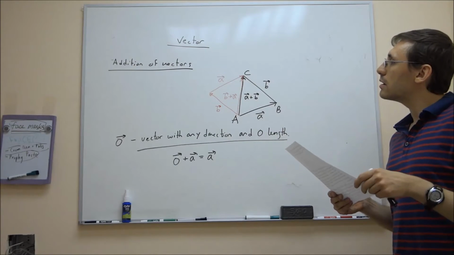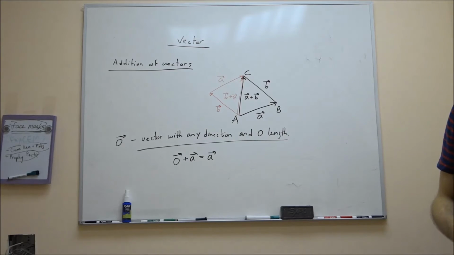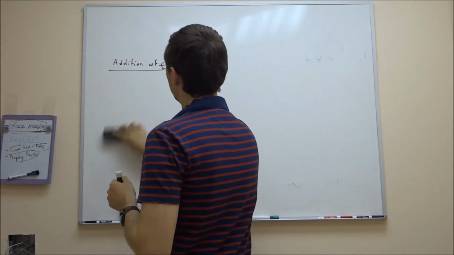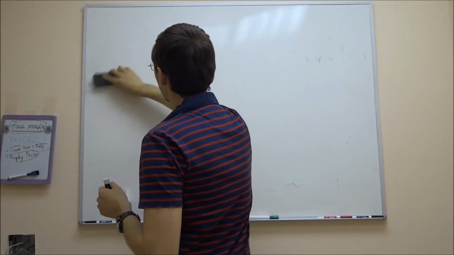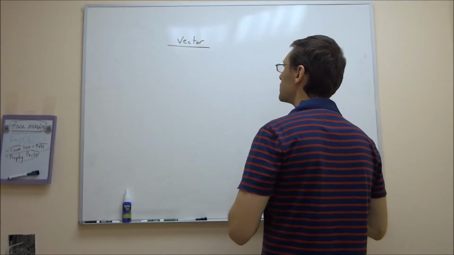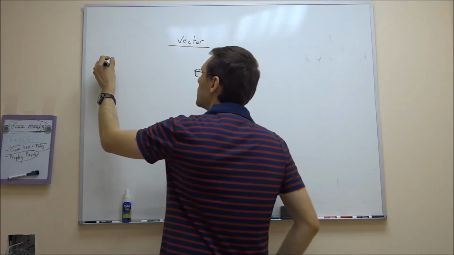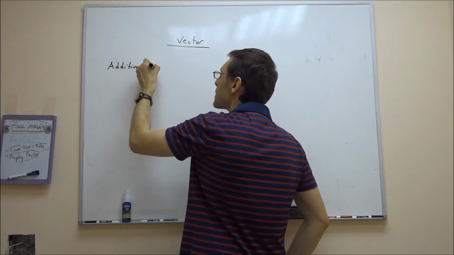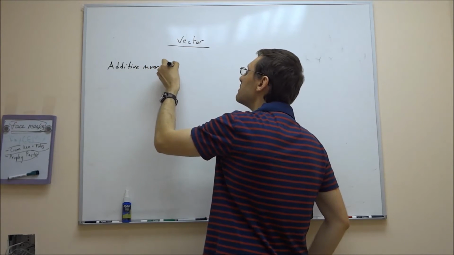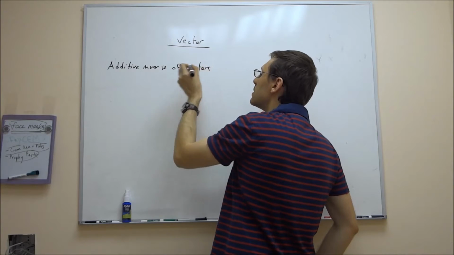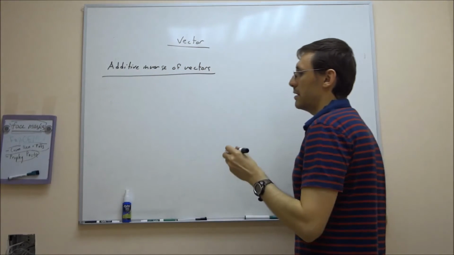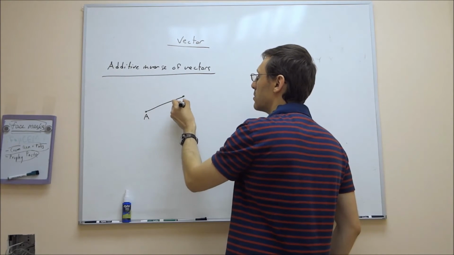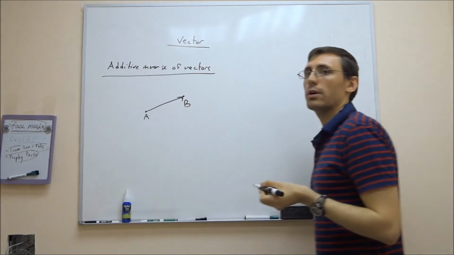Now, we then want to also have additive inverses for vectors. So by that I mean the following. Suppose that you travel from the point A to the point B, and then you want to go back.